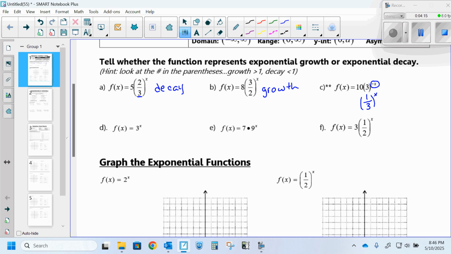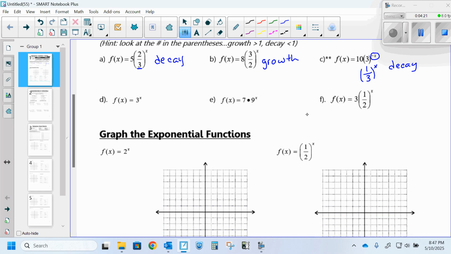So now we have decay. And again, you don't need to look at a, the number out in front. The number out in front of D is 1, so it doesn't really matter, but 3 is going to be growth. 9 is going to be growth here, and this will be decay. So the only tricky one was C because it had a negative exponent.